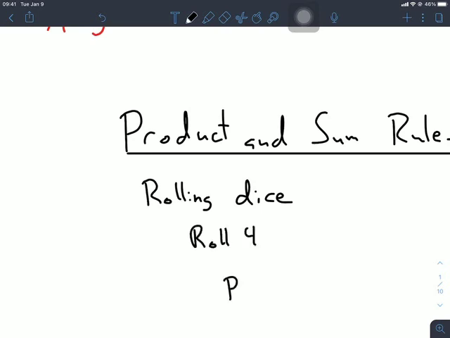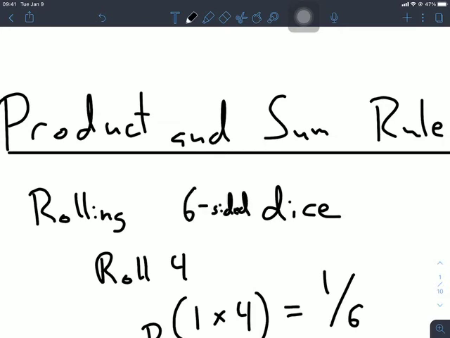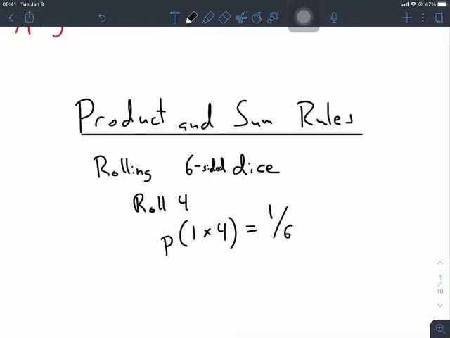You can write that out as the probability of one roll to get a 4 is equal to 1 out of 6 of those sides. There's 6 different faces to a 6-sided dice. I should say, there are many more types of dice than just the 6-sided dice. So in rolling a 6-sided dice, you have a 1/6 chance of rolling a 4 exactly.